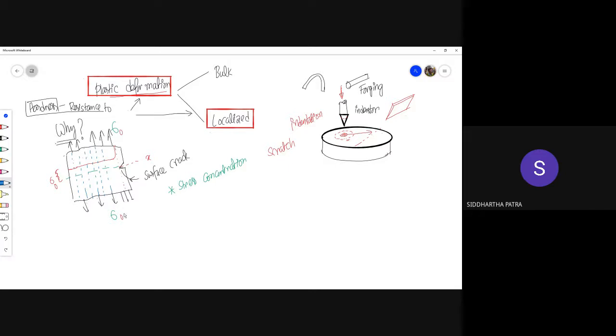So if you multiply sigma 0 with the cross section, let's say A0, the total force is A0 times sigma 0. I'm dividing into segments which carry equal parts of that force, sigma 0 A0. If I make 100 segments, each of them carries 1/100 of that force.